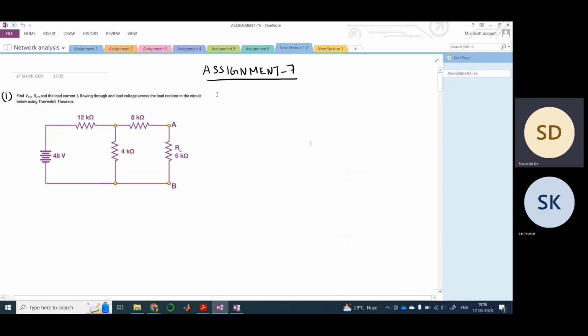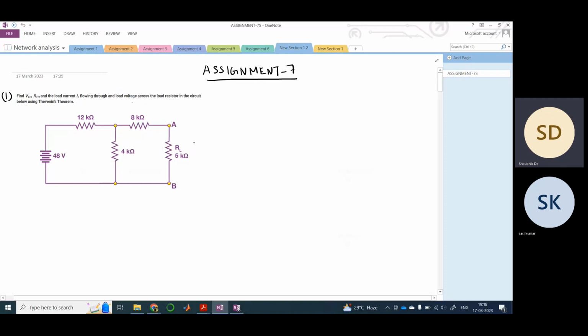I am really sorry for the small words, so I'll read it for you. It is written: find VTH, RTH, and the load current IL flowing through and load voltage across the load resistor in the circuit below using Thevenin's theorem. So we need to calculate the Thevenin voltage across this load resistance RL, and also the load current.